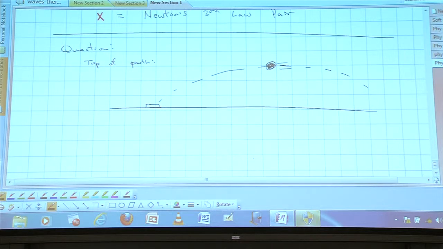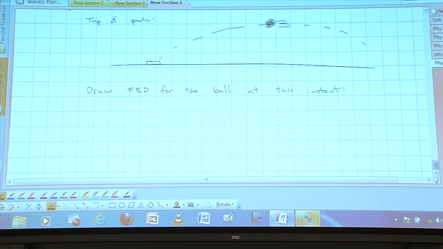And we want to know, what does the free body diagram look like at the instant, and we're going to do it a couple of ways.